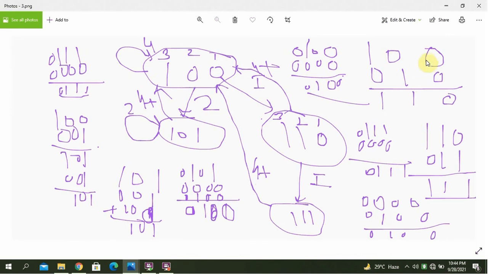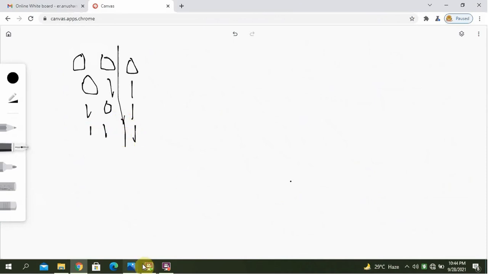Bitwise OR means 0 OR 1 is 1, 1 OR 0 is 1, and 0 OR 0 is 0. This is the bitwise operator.